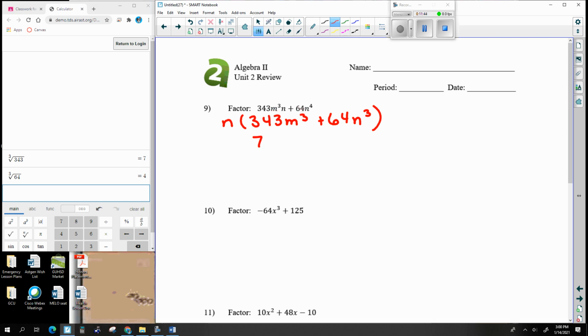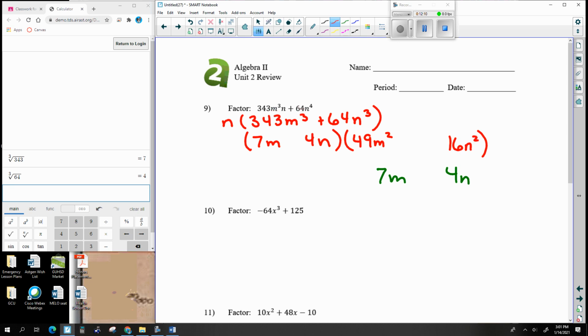So this is 7m, 4n. Okay, so 7m and 4n. What I do is I square out. So the first number is going to be 49m squared. The last number is 4n, so that's going to be 16n squared.